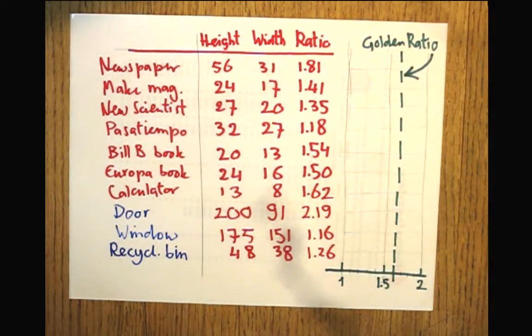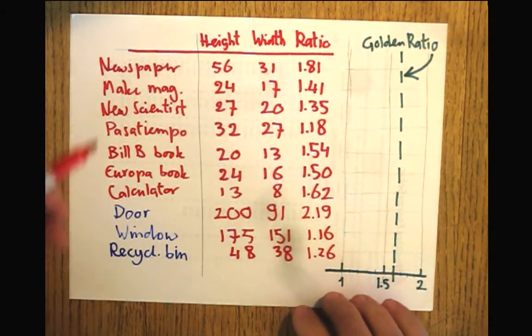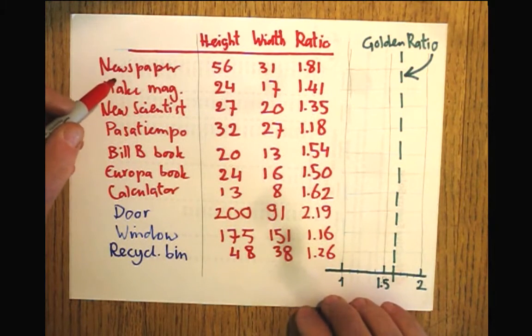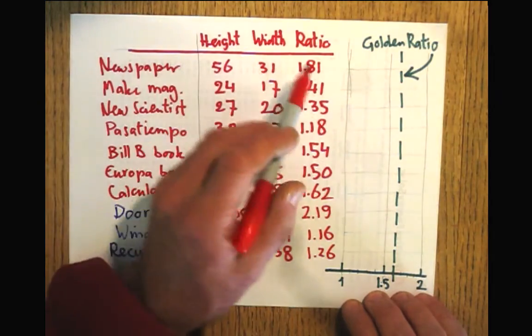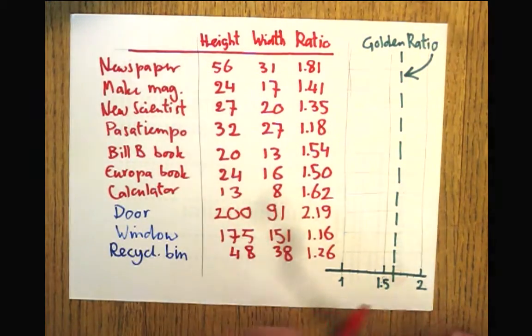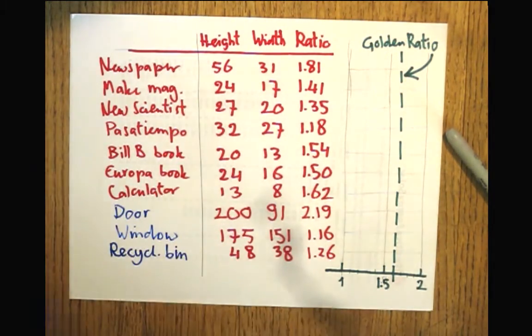So here are some of the numbers I collected, and of course you can make your own collection with things you found around the house. Remember, the newspaper was 56 high by 31 wide. The ratio is 1.81, and I'll make a graph here on the right-hand side that shows the ratio.